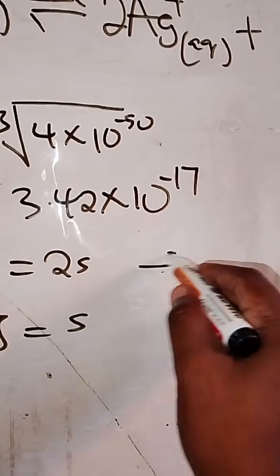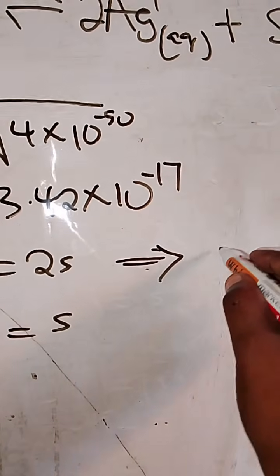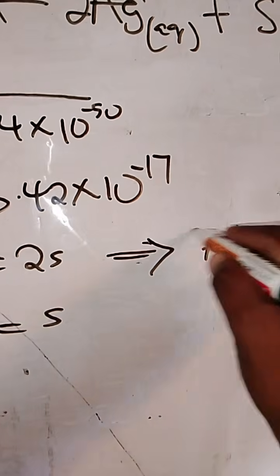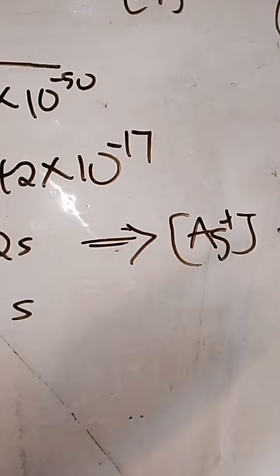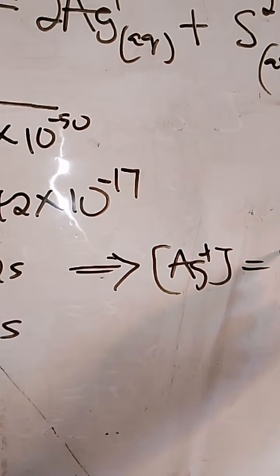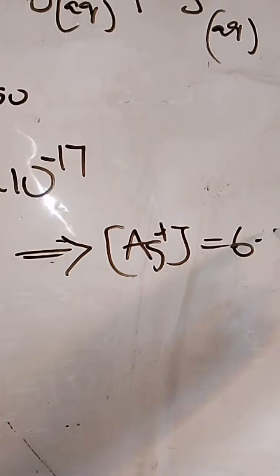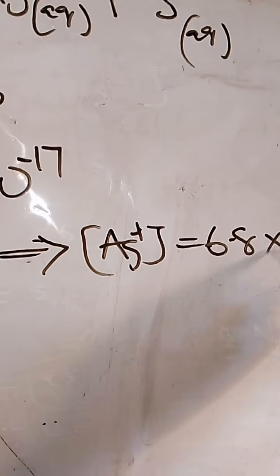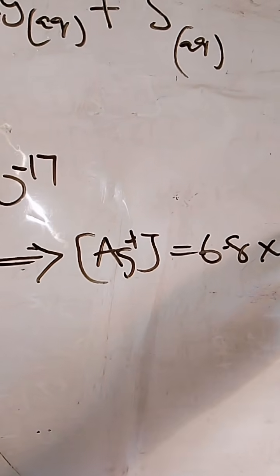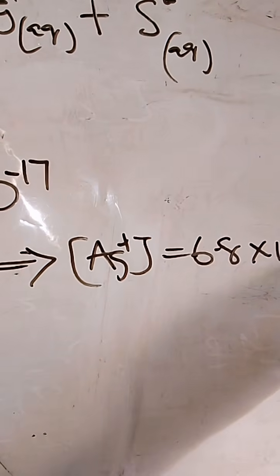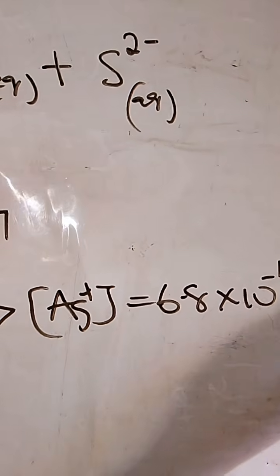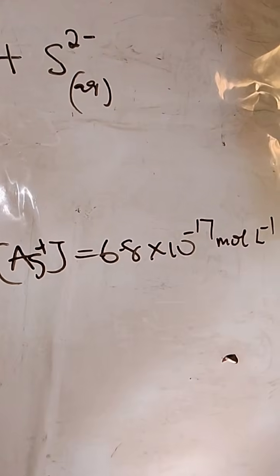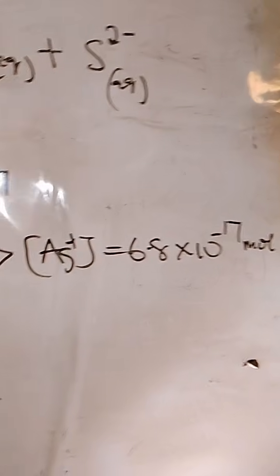Okay, so in this case, for silver, the concentration of silver is equal to 2 times that, which will give us 6.8 times 10 to the power negative 17 mol per liter. So that is the concentration of silver.